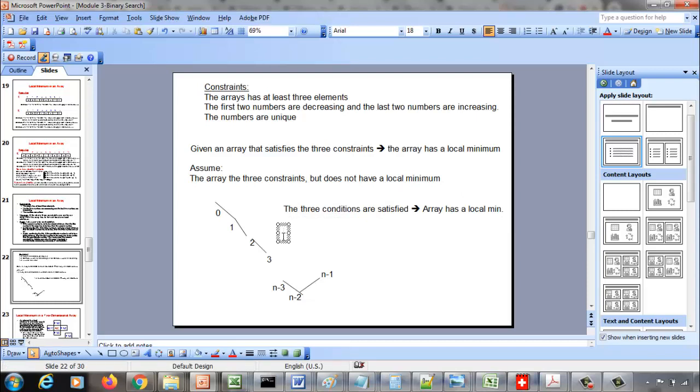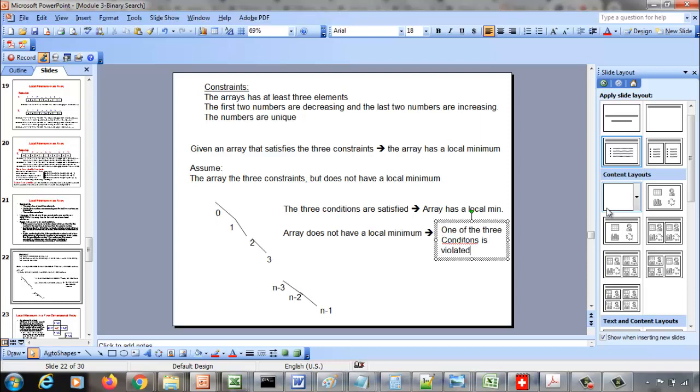What we ended up with is, if the array does not have a local minimum, it implies one of the three conditions gets violated, right? Because if you want to maintain the property that the array does not have a local minimum, then you have to violate one of the three conditions. So if the array does not have a local minimum, what we proved is that one of the three conditions is violated.